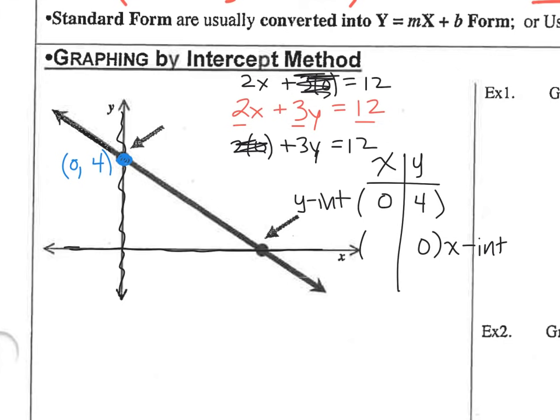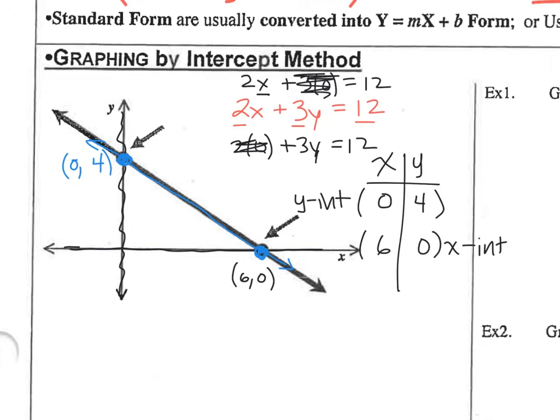Well, 3 times 0 is nothing. So 2 times 6 gives me 12, so x must be 6, making this the point 6, 0. So I can graph a line by finding my x-intercept and y-intercept and then connecting them. Because remember, we've talked about the idea you really only need 2 points to make a line.